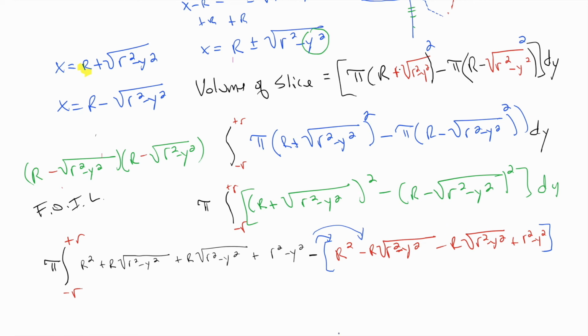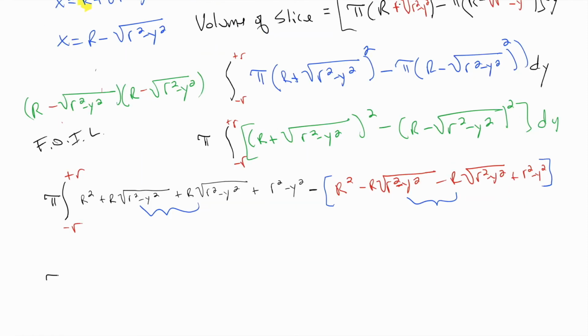Before we do that, the smarter thing to do would be to collect our like terms, right? So we can hook those guys up and we can hook those guys up. Put down here, pi, integral from negative r to r, of big R squared plus these guys together, it's just 2R root r squared minus y squared plus r squared minus y squared, minus bracket R squared.